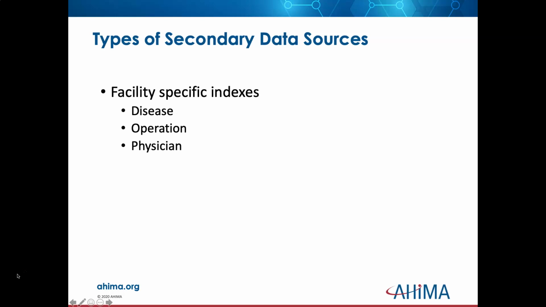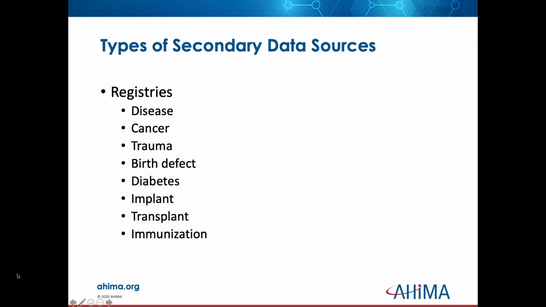The facility-specific indexes that are kept are disease, operation, and physician. Those are types of secondary data sources that are kept in the facility specific to that facility. And again, disease, which would be diagnosis and comorbidity complications, operations or procedures, and then physician.